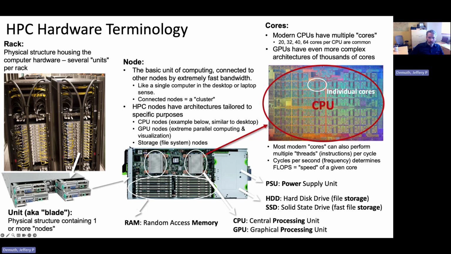And then if you were to zoom in on one of these CPUs, you would see something like this. So modern CPUs all have multiple cores. This example, I forget, it's 32 core maybe. But right, what I have circled in white is an individual core. This whole chip, which is underneath that heat sink, you can imagine maybe, or maybe not, that the electricity flowing through here to do all those computations puts out a lot of heat.